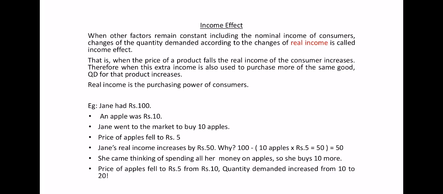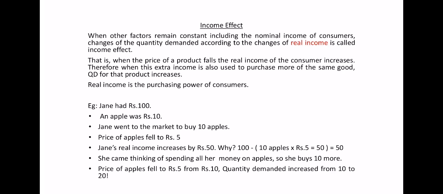But then, while she's going to the market, the price of an apple falls to 5 rupees. Then Jane's real income increases to 20 apples. Now she had 100 rupees to spend on 10 apples, but now 10 apples is only 50 rupees. So if she still buys only 10 apples, she has 50 rupees remaining.